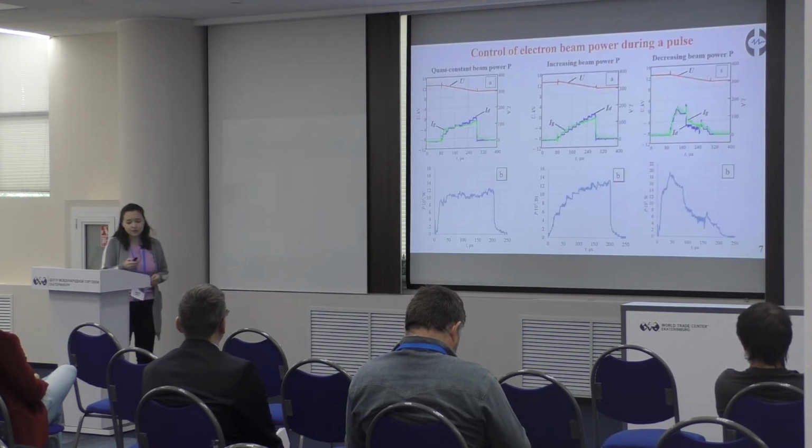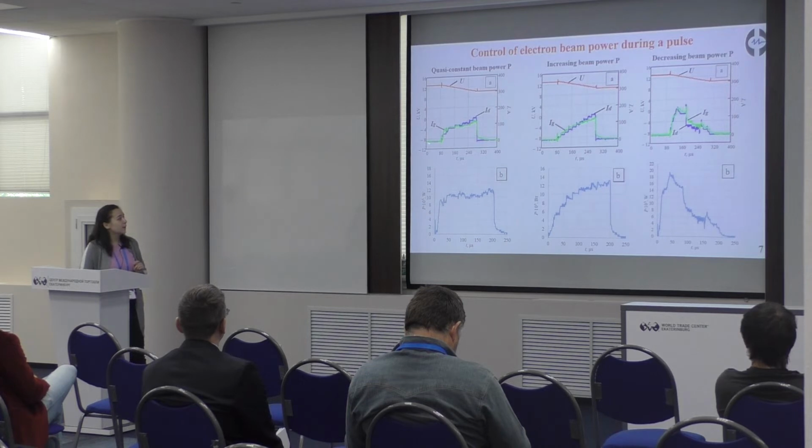Here you can see the oscillograms of the discharge current, of the current of the beam itself, and the oscillogram of the accelerating voltage. According to that, we calculated the power during the pulse.